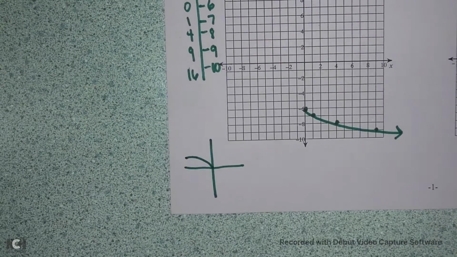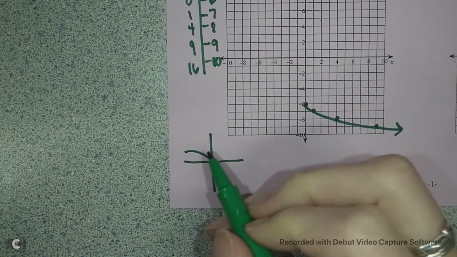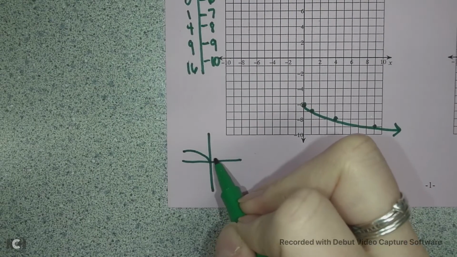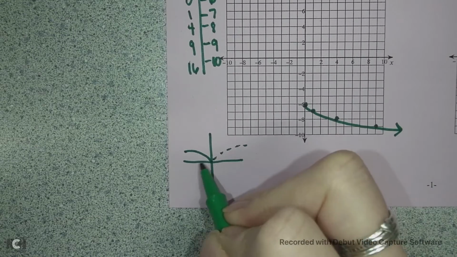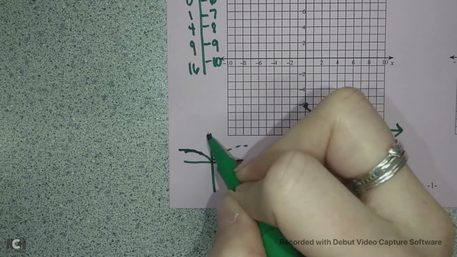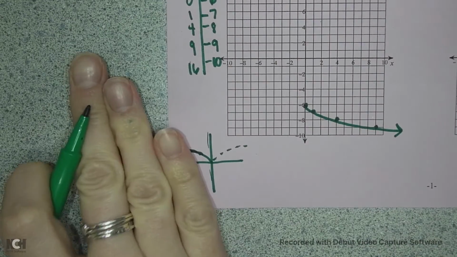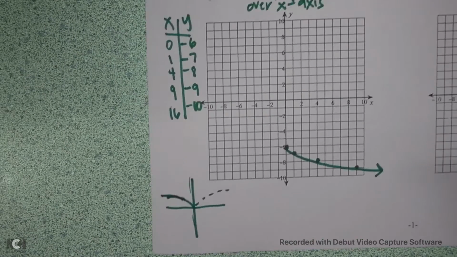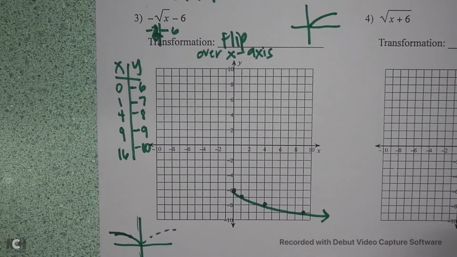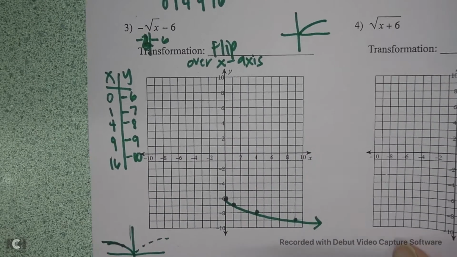It would go that way. Okay, because then it's flipping over the y-axis because it normally goes this way. So this would be a flip over this axis because it would go like that, and that would be the y-axis. This is a flip against or over, across, whatever you want to say, the x-axis. So that's how you do those.